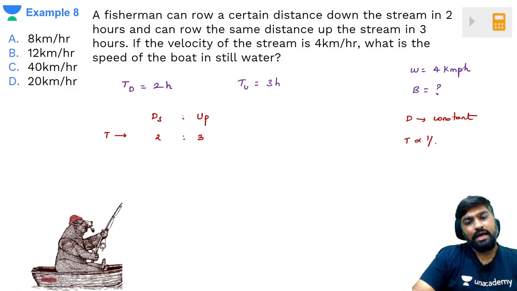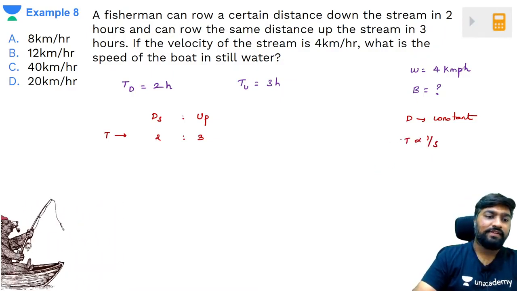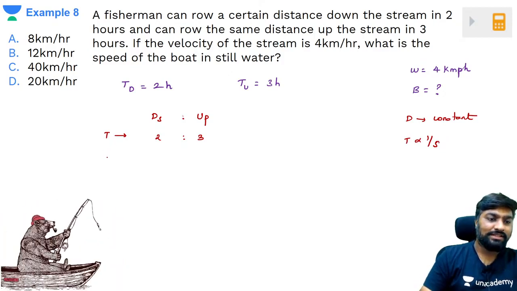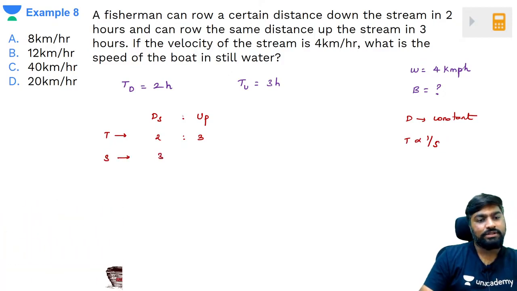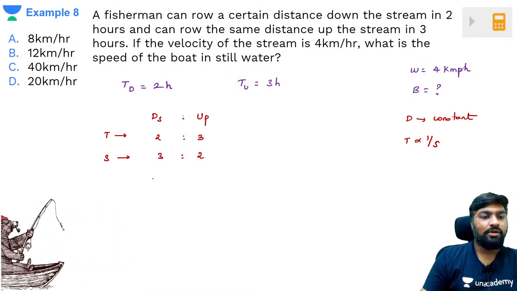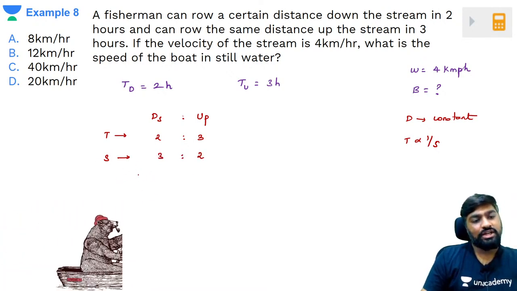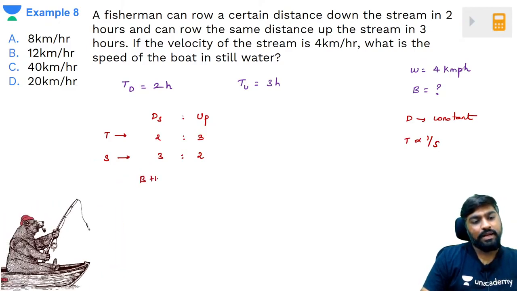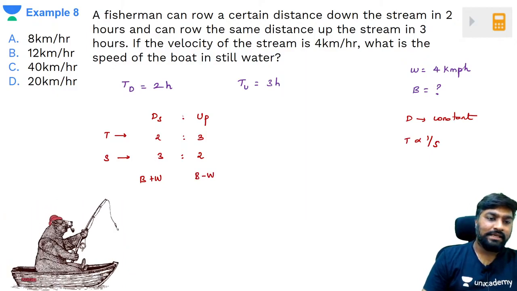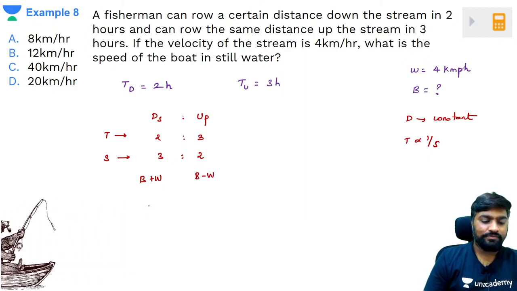Time and speed are inversely proportional. So if the ratio of times is 2:3, then the ratio of speeds will be the other way around, 3:2. So downstream speed, that is speed of boat plus water, and upstream speed, the difference between speed of boat and water, are in the ratio 3:2.